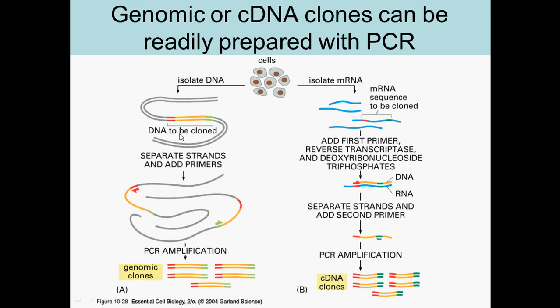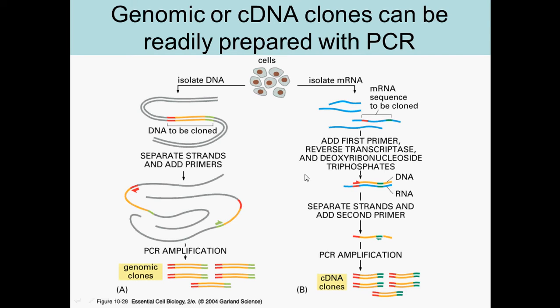So here is just another diagram of PCR amplification. You have the cells, and then you isolate the DNA, and that's the section to be cloned. Then you have a primer here that gets that, a primer here that gets that, and you'll end up with just that part. And in mRNA, first you have to get the cDNA.